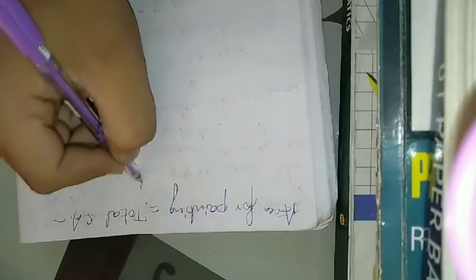So area for painting is total surface area minus surface area of doors and windows.